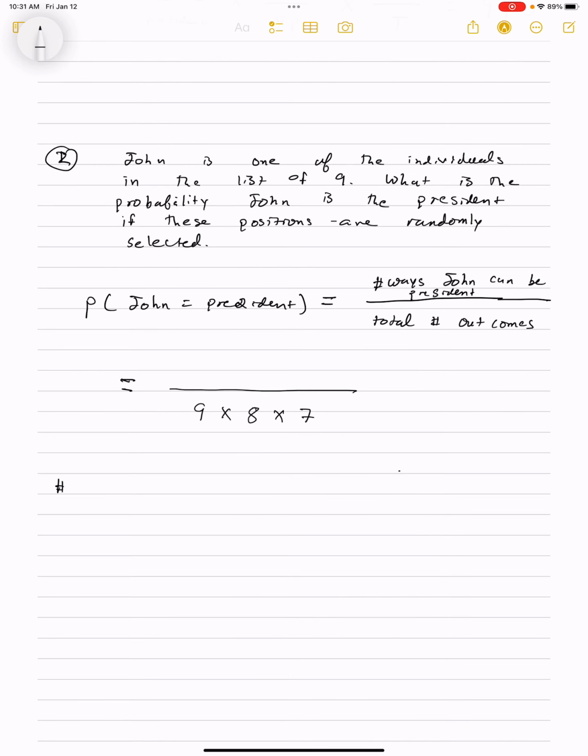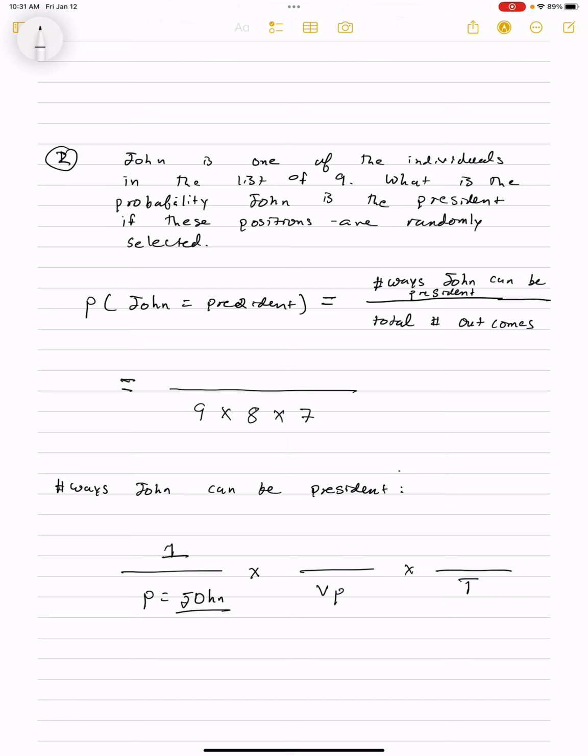Let's think about the number of ways John can be president. Okay, so for the position of president, vice president, and treasurer. Okay, so the president needs to be John.